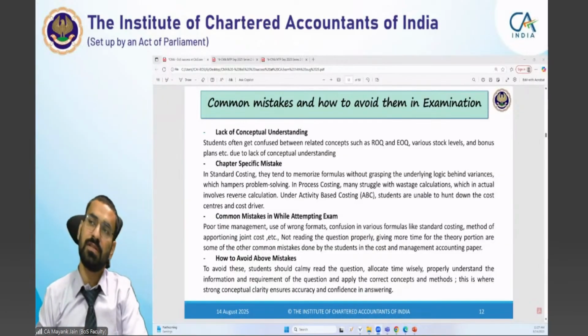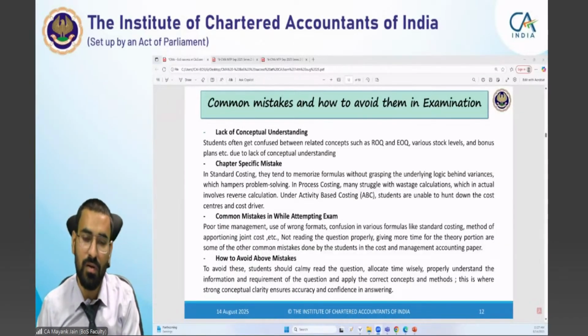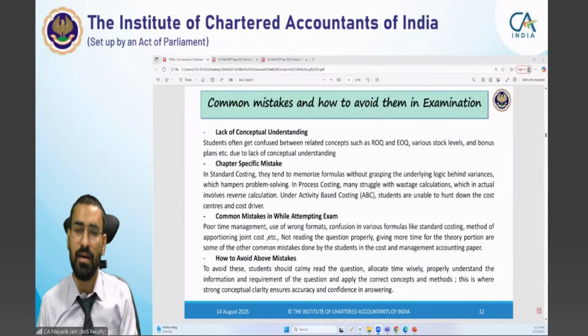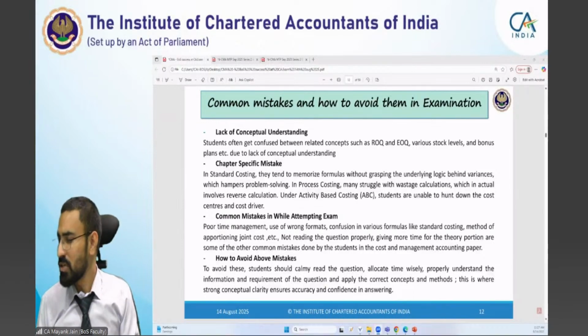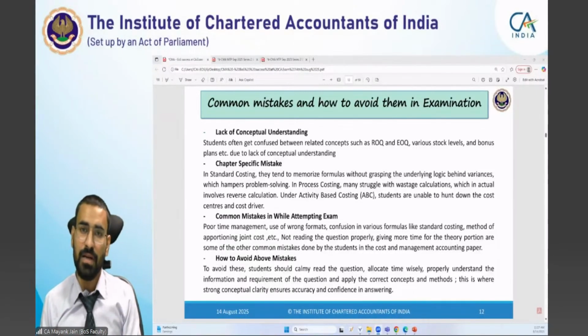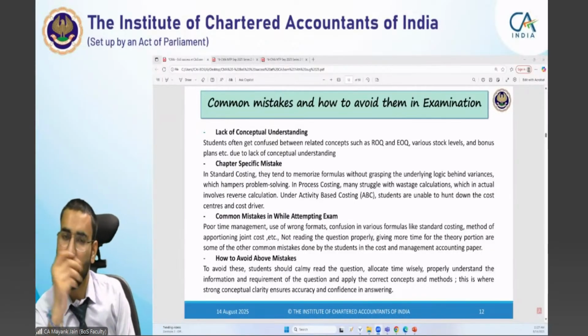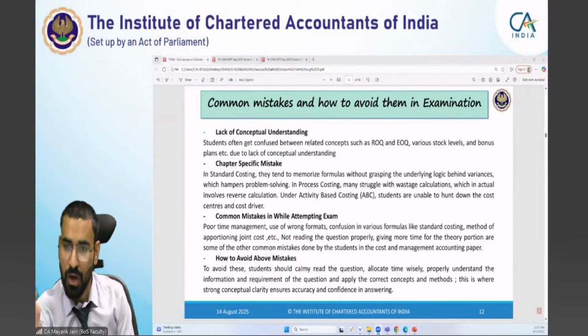Sometimes the question is exactly the same as one from a past publication issued by the ICAI, but there's some trick in addition to those questions, and you remember those questions, but you don't know how to attempt that trick.